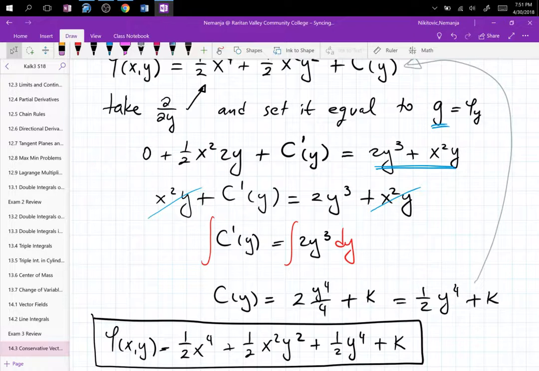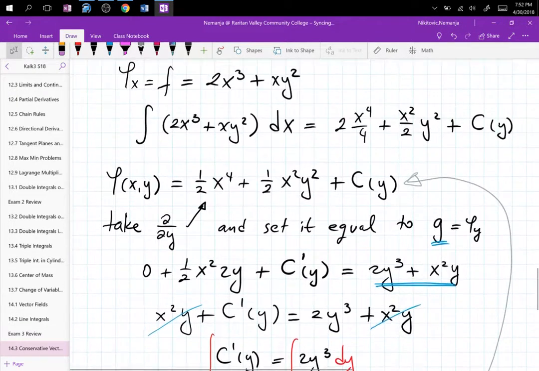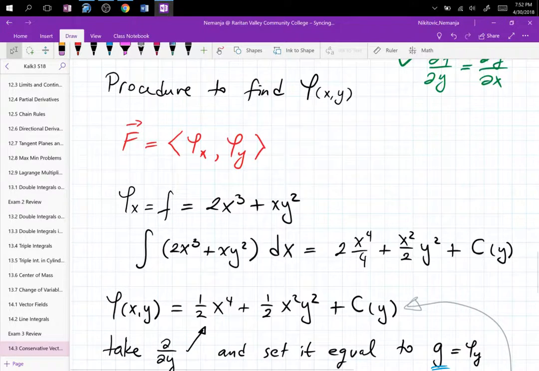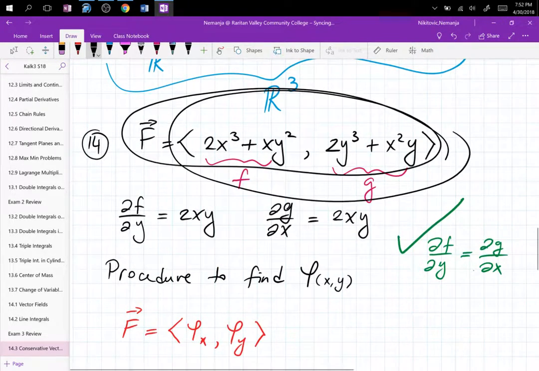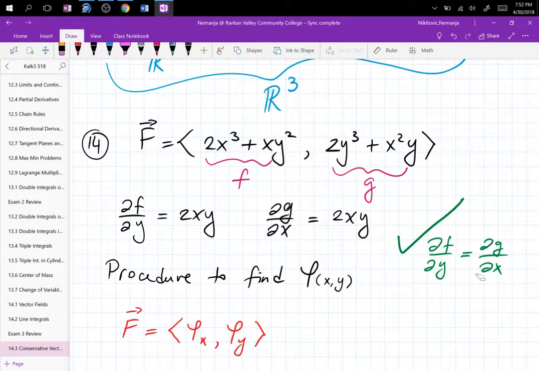Now, for those of you that are interested in whether you're doing the problem right or not, you will obviously take the partial derivatives and make sure that when you take the gradient of that, you are getting this. Because the idea of the whole thing is to take the partial derivatives of the potential function and create the vector field.